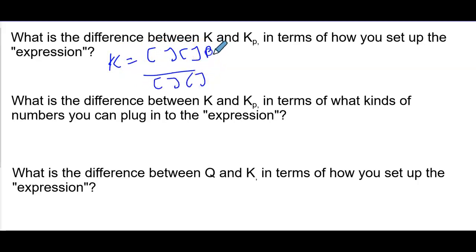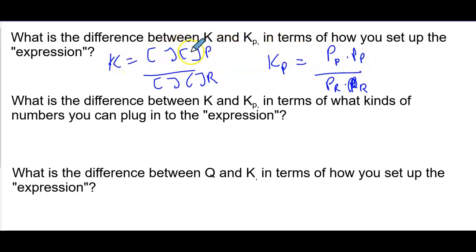These would be the products, and these would be the reactants. For Kp, instead of square brackets, which were moles per liter, so concentration, Kp is going to be the pressure of the products over the pressure of the reactants. So pressures in Kp and square brackets with K.